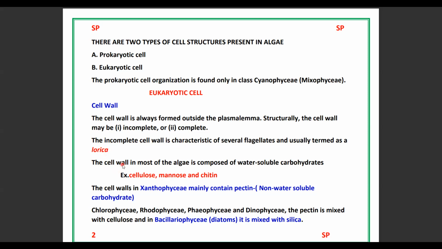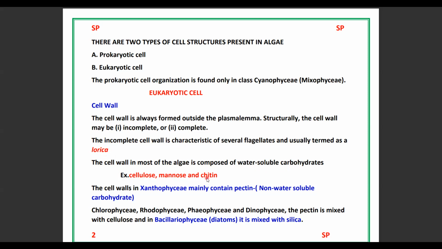The cell wall in most of the algae is composed of water soluble carbohydrates like cellulose, mannose, and chitin. So in most algal members, the cell wall is made up of cellulose and some are mannose and chitin.